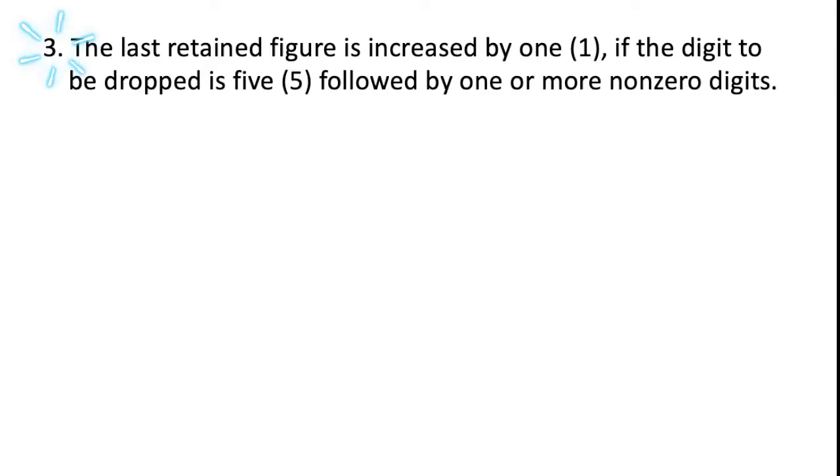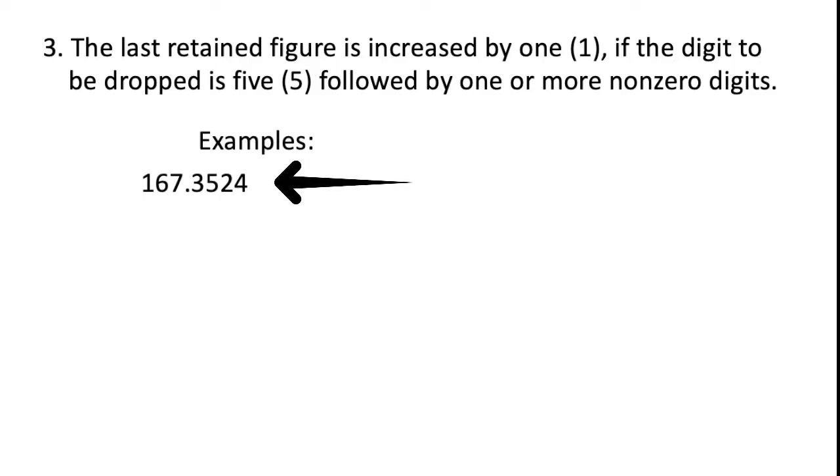according to rule 3, the last retained figure is increased by 1 if the digit to be dropped is 5, and it is followed by 1 or more non-zero digits. To be able to understand this rule, let's take this example, 167.3524. So I will drop off starting from 5 to 4.